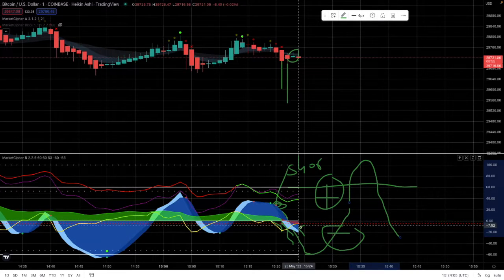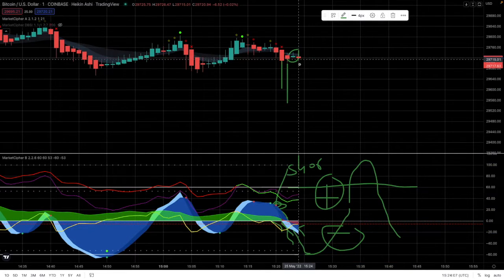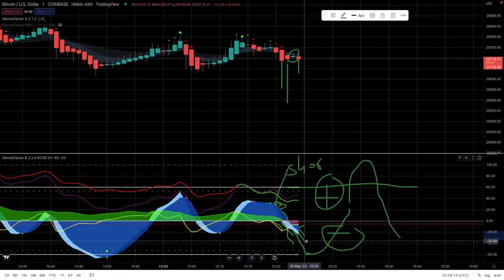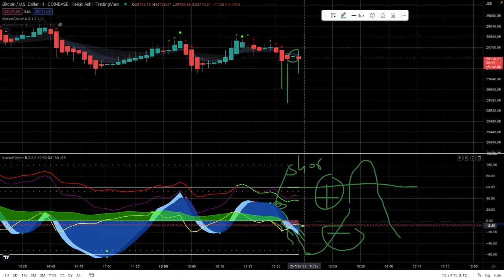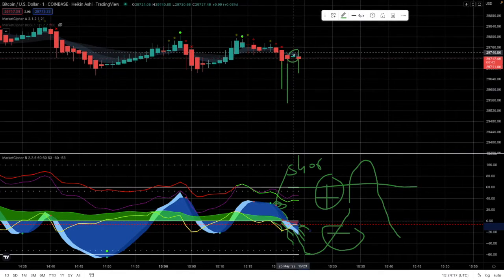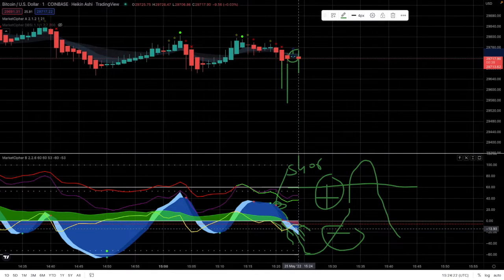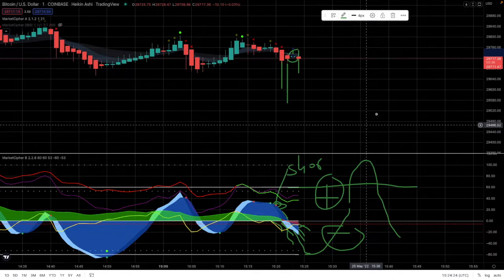And again, we printed another red candle here. You see the candle is forming red. Momentum is heading down into the negative territories. Money flow is also heading down into negative territories. We tried going up, it couldn't work because both of our influential oscillators are in the negative. Let me remove the drawings.